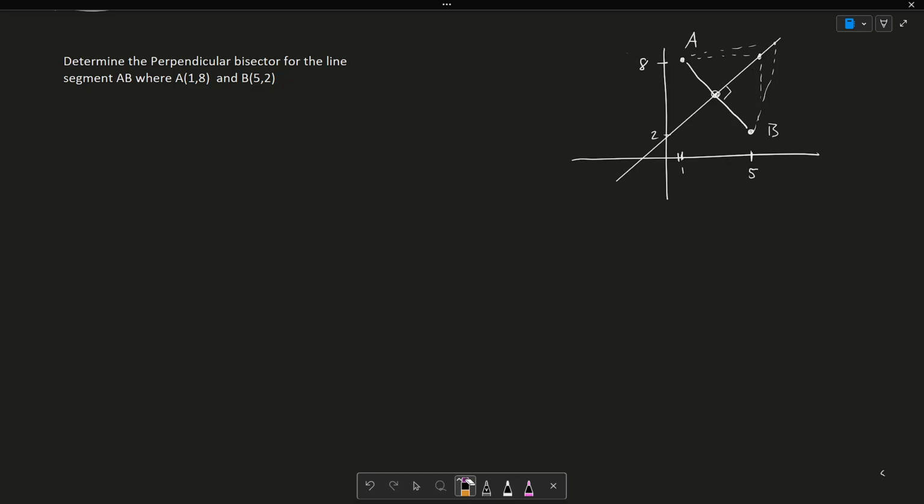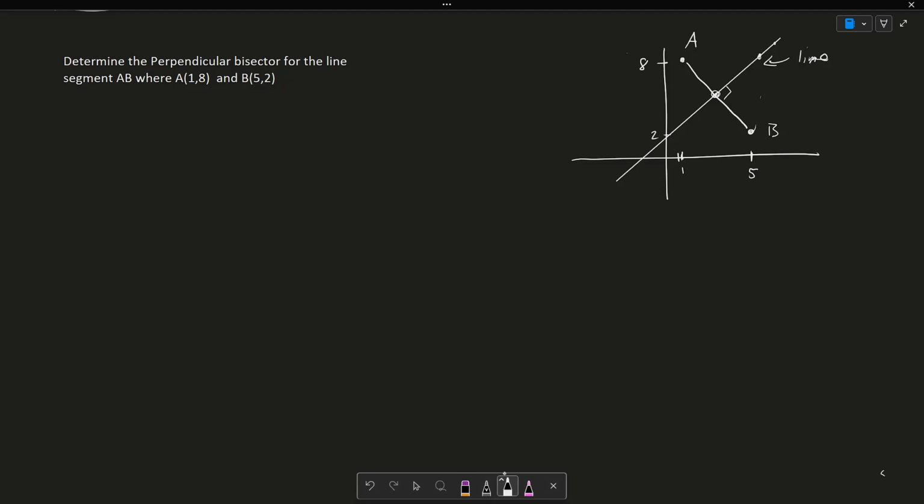This characteristic might show up in application questions, for example if you want to define a series of locations that are equidistant from two other locations.